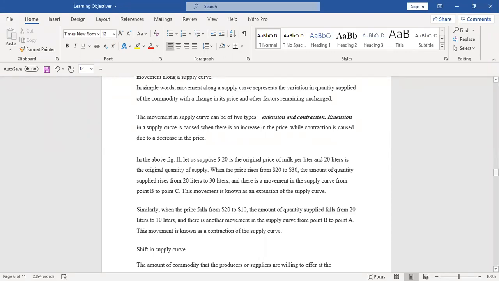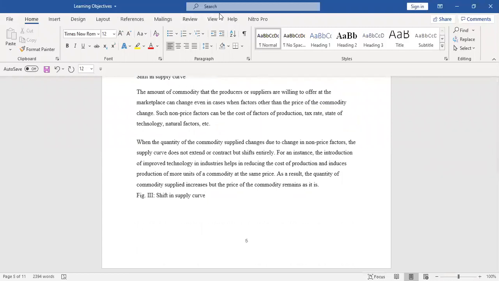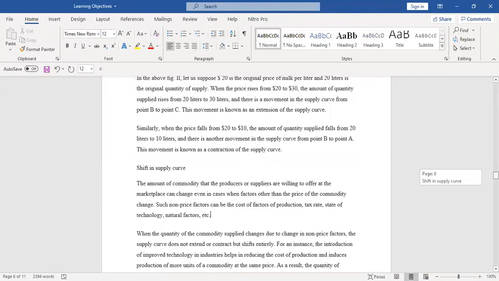And a fall in price results in a downward movement along the supply curve.